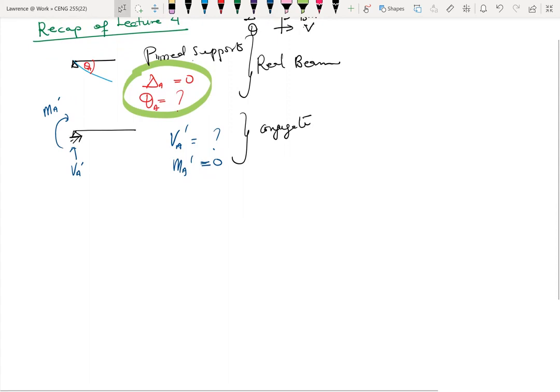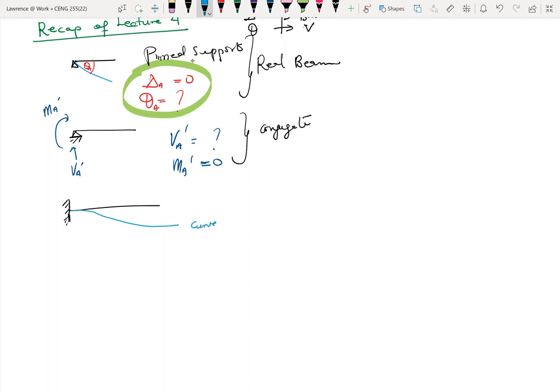And to explain again, if you look at a fixed support, this is the elastic curve, or the deflected shape.